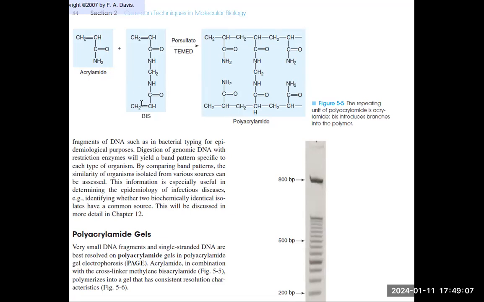And you might wonder what gives PAGE its gel stiffness. Why is the gel stiff? That's our cross-linker, because the presence of the cross-linker gives a covalent bond and it gives branching. See? So it gives structural integrity.